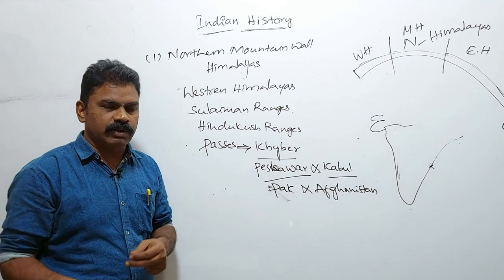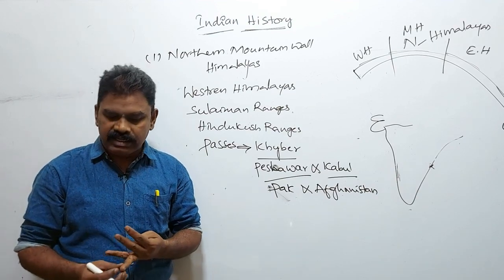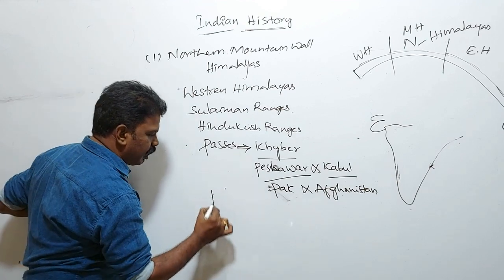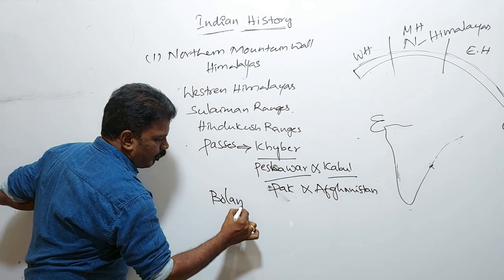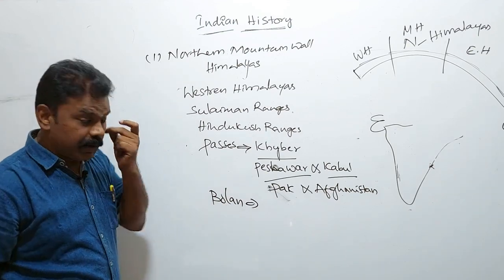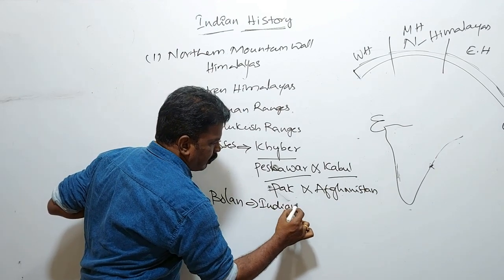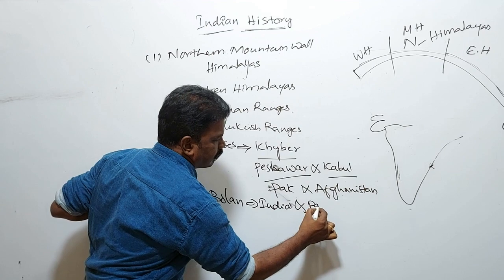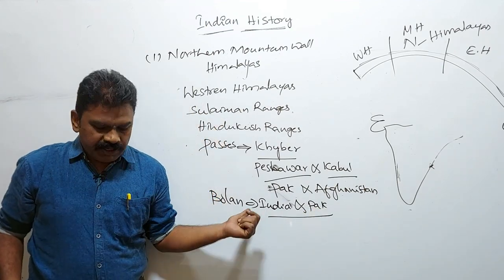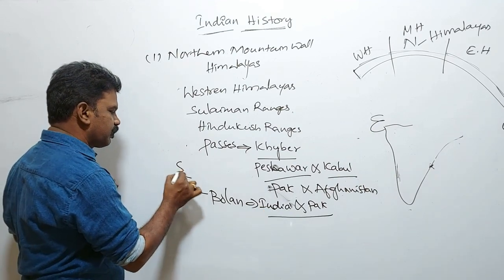Alexander, Persians, Greeks, Scythians, Kushanas, all of them came through the Khyber and Bolan passes. Bolan Pass lies between India and Pakistan. It is in the Suleiman ranges.